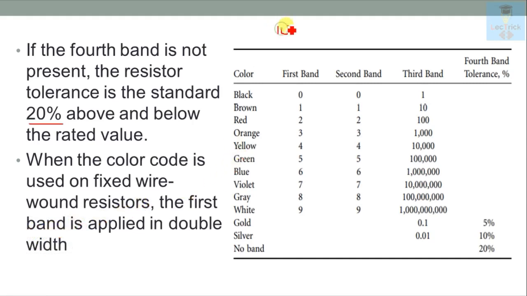Now we will calculate. For example, for a 100 ohm resistor, what color code do we need? Brown indicates 1, so the first band will be brown. The second band will be 0, that means black.